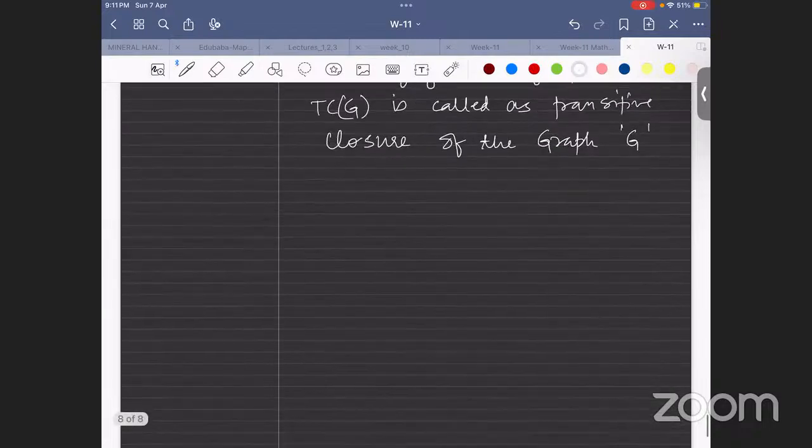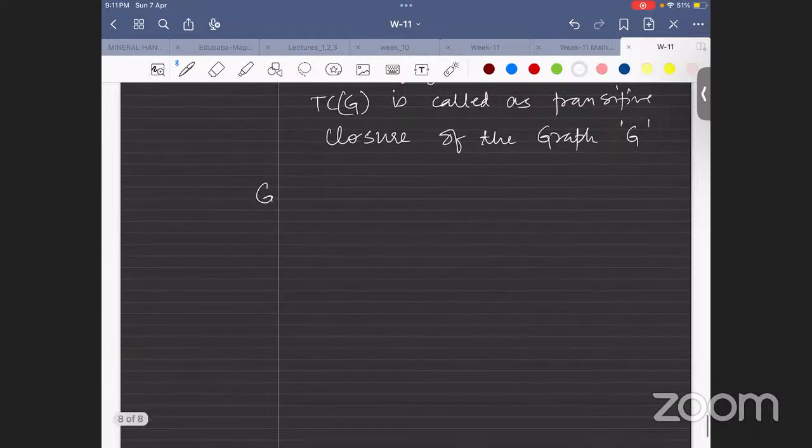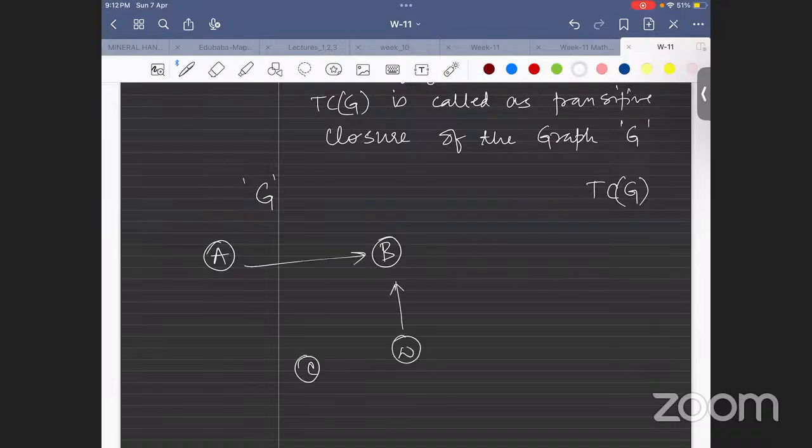Okay. See, if you have a graph Z, and I'll be making TCZ here, and that graph is A to B. Okay, can somebody tell me, in the transitive closure graph that I'll be making, how many extra edges will I be making?